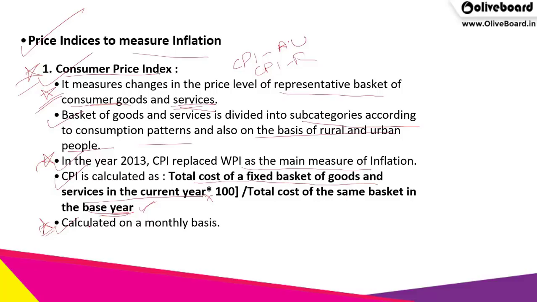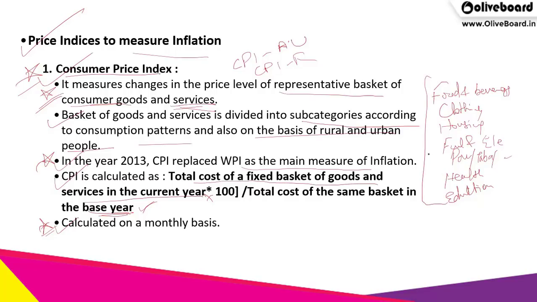Various subcategories are food and beverages, clothing, housing, fuel and electricity, pan, tobacco, intoxicated drinks, health, and education. These are the subcategories on which a consumer like me and you, a person who forms a consumer base, will spend our money.